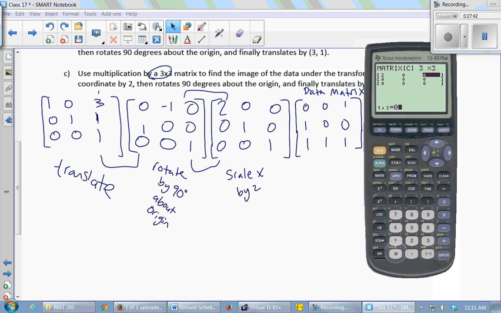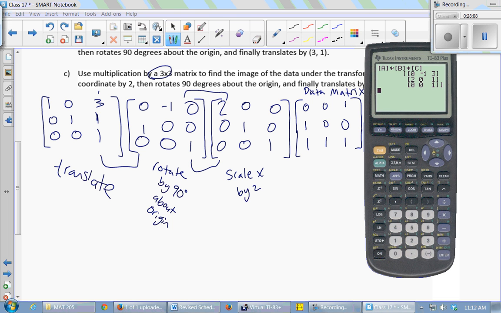Then 2, 0, 0, 0, 1, 0, and 0, 0, 1. Okay, so I've got them all in there. I haven't double checked them. Usually I double check everything, but just so we can be fast. So I want to do matrix A times matrix B times matrix C.